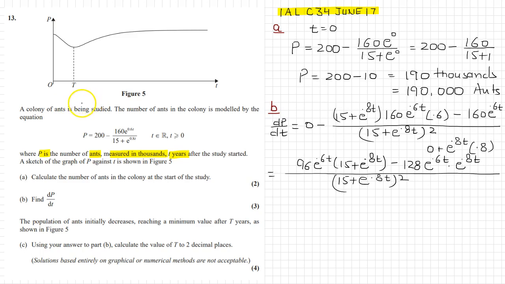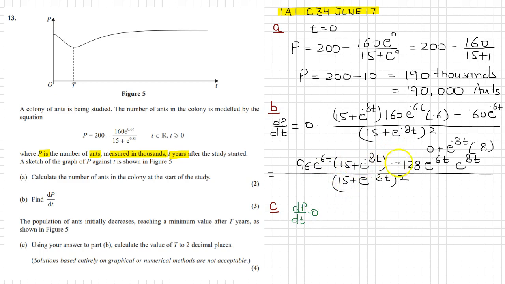So this is part C. For maximum or minimum value, what we are going to do is dp over dt is equal to 0.